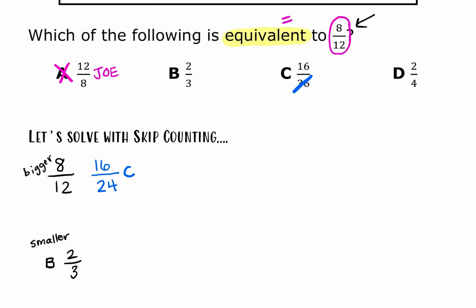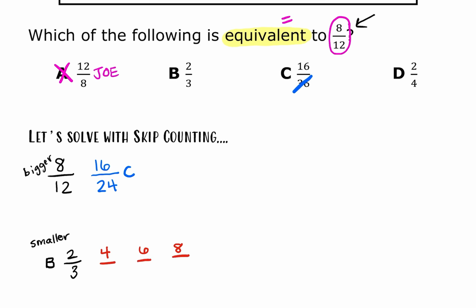And I, again, want to see if I can get to 8 over 12 with that skip counting. So let's skip count. Let's do the 2 all the way to 8 because I need an 8 for my top number. So 2, 4, and then space these out a little bit. 6, 8, because these are fractions.